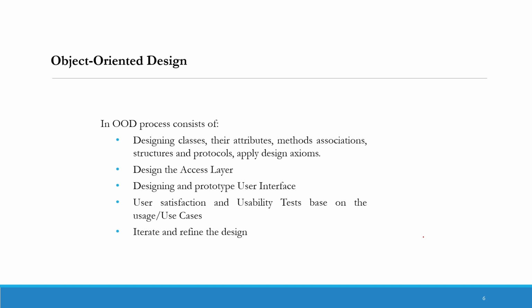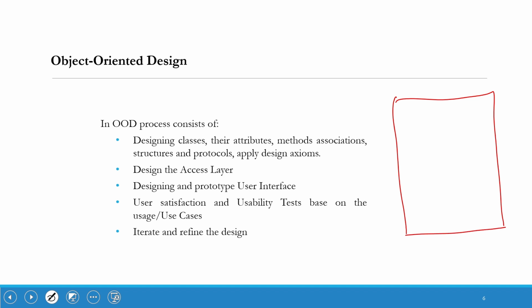For example, I have a student class which was identified previously in object-oriented analysis. So this is a student class. I have to identify the attributes of the student: ID, name, and so on. Then we have the method operations, let's say get mark. You can design it simply as getMark.